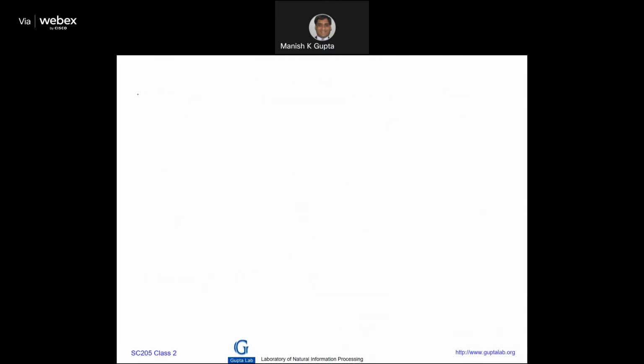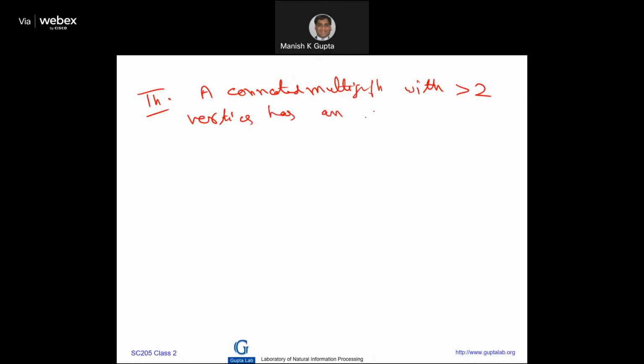So basically, there is a result: a connected multigraph with at least two vertices has an Euler circuit if and only if each of its vertices has even degree.